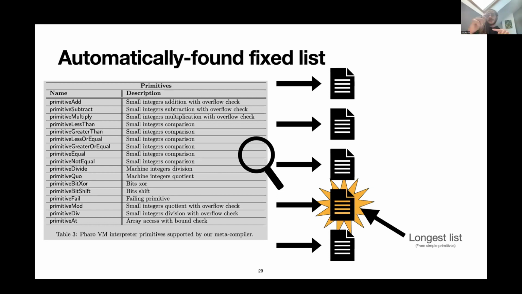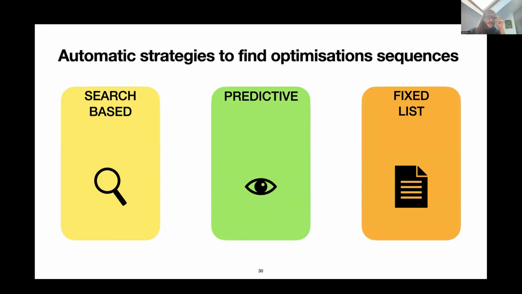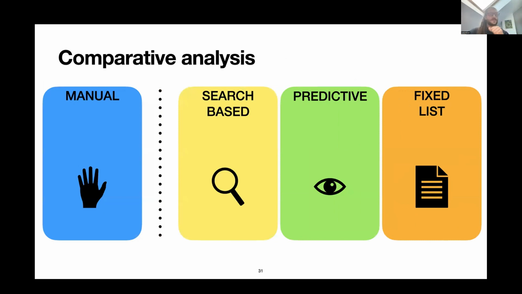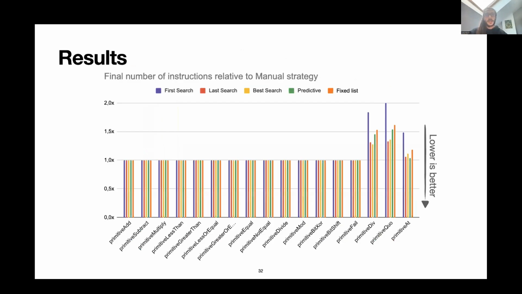And we ask, what happens if I apply this to all the rest of the primitives? We compare these with the manual one, and we have these results.